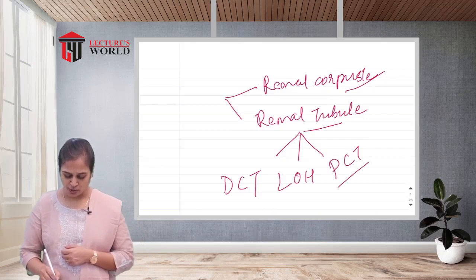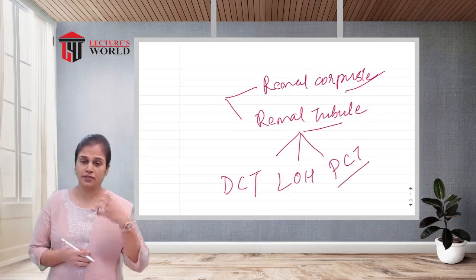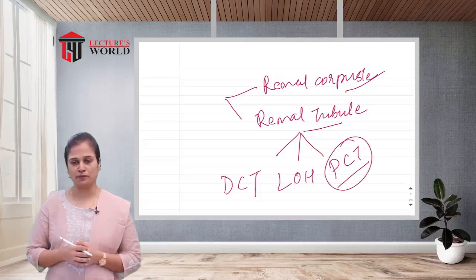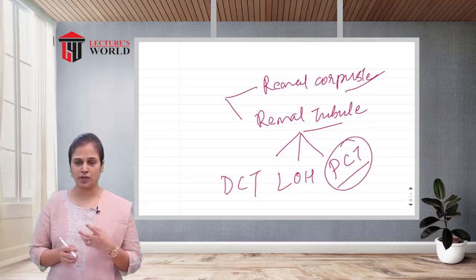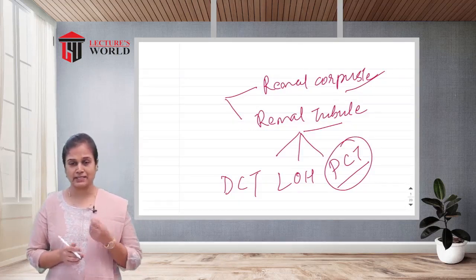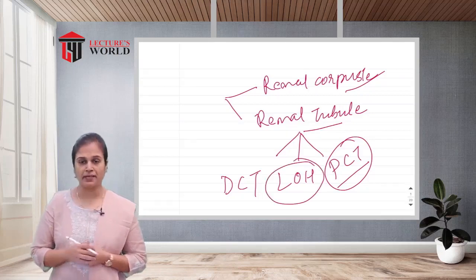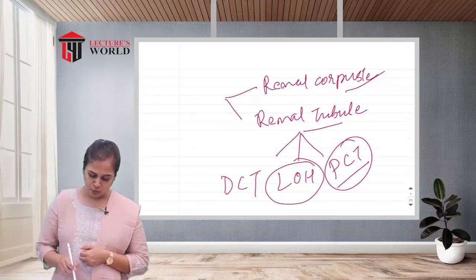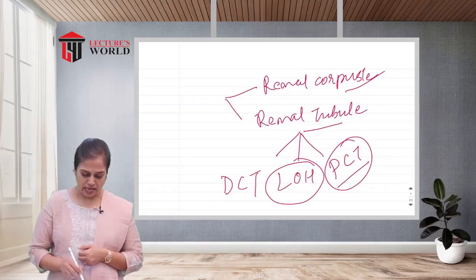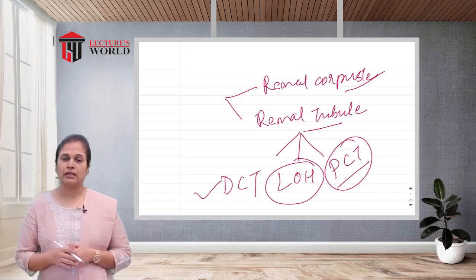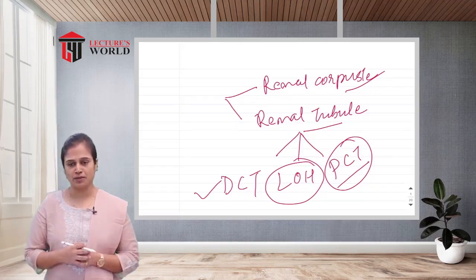The proximal convoluted tubule is near the renal corpuscle, which is why it is called proximal. It gradually descends and becomes very thin and extends, and is called the loop of Henle or the nephron loop. This nephron loop then becomes wider and converts into the distal convoluted tubule. So this is about the anatomy of the kidney.